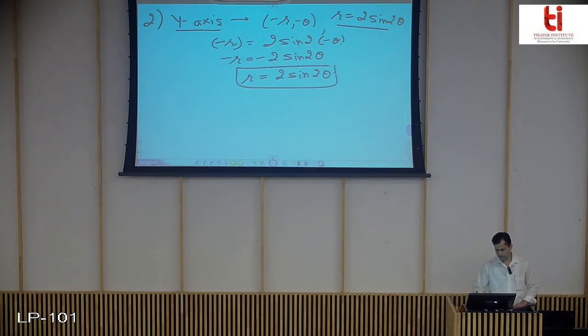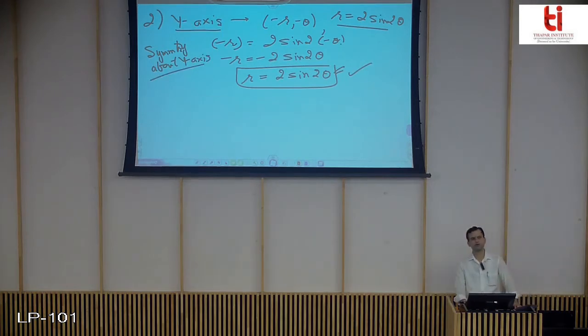The left-hand side equals the right-hand side. In this case, the first point itself satisfies the curve, and hence we need not check the other point. So there is symmetry about the y-axis also. The curve that you are going to plot is symmetrical about the x-axis, and it is also symmetrical about the y-axis.